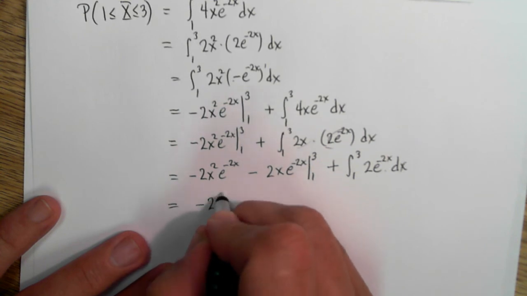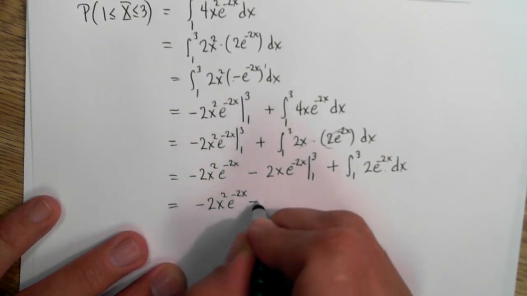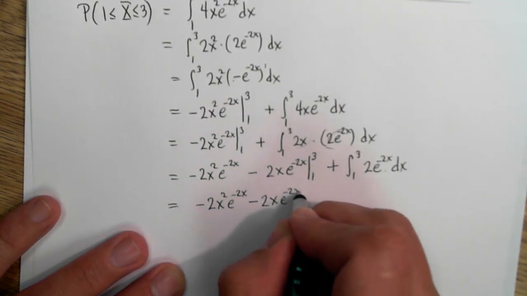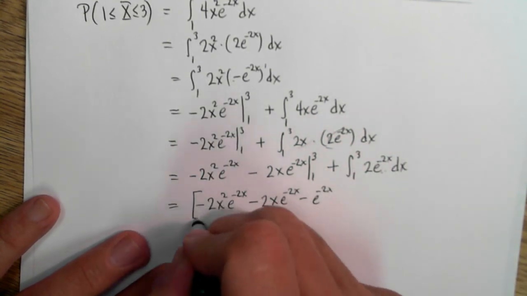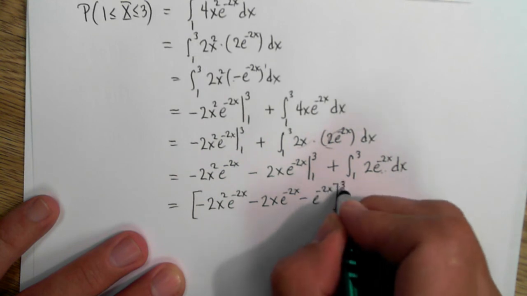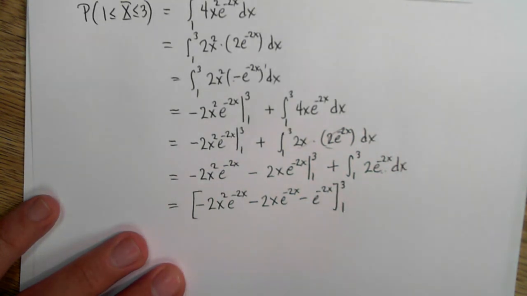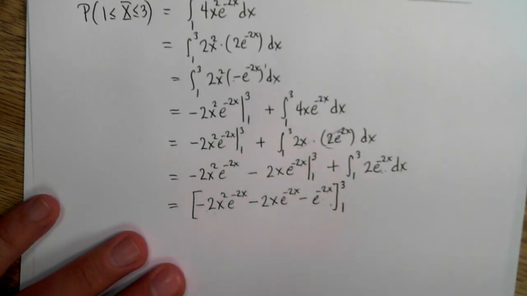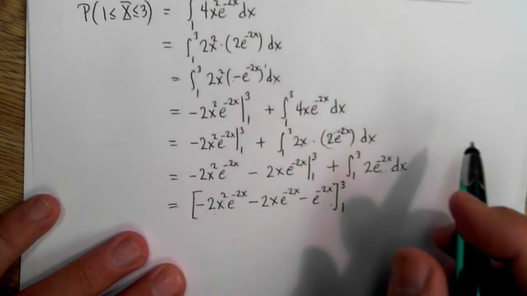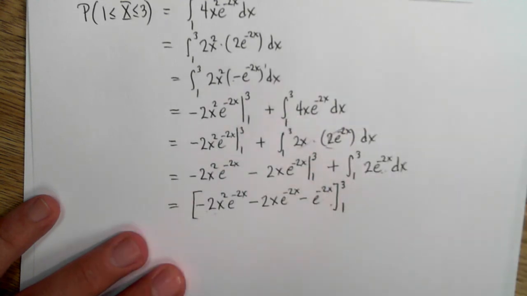I get minus 2x squared e to the minus 2x, minus 2x e to the minus 2x, and then on this last bit, minus e to the minus 2x. And all this gets evaluated from 3 to 1. One way to check my work is to take the derivative of this and make sure that I actually get 4x squared e to the minus 2x.